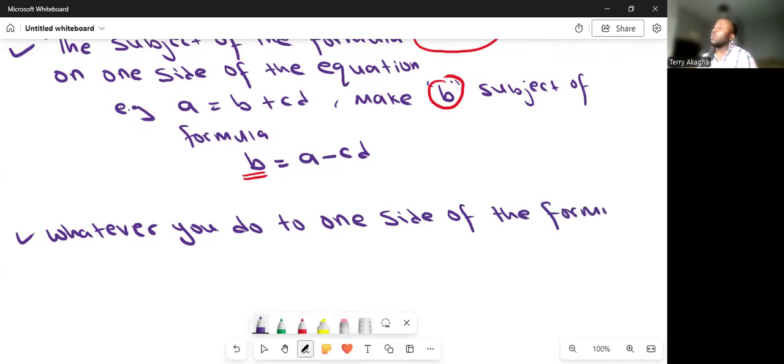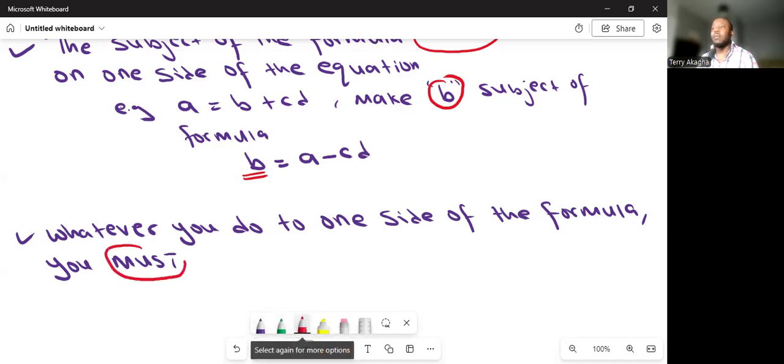Whatever you do to one side of the formula, you must do to the other side of the formula. So it's very important. You must do the same thing to the other side of the formula.